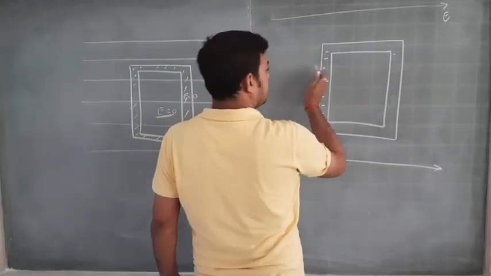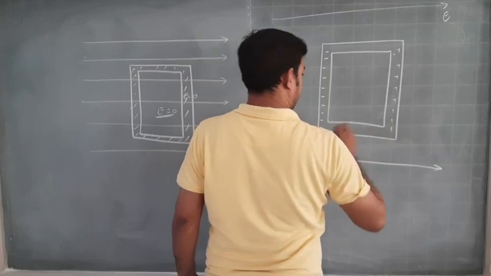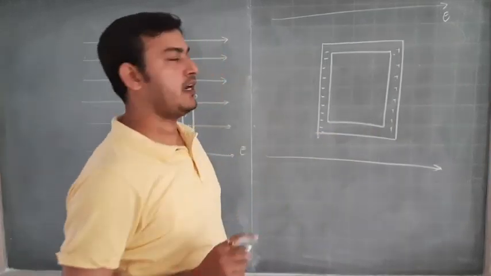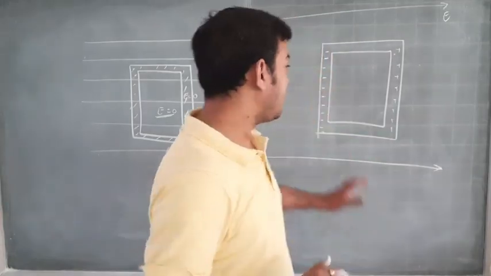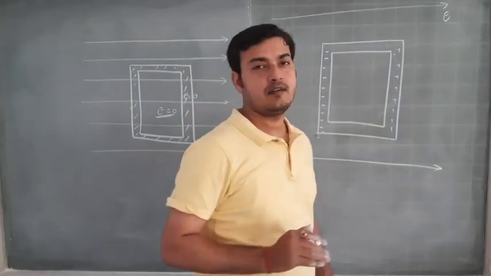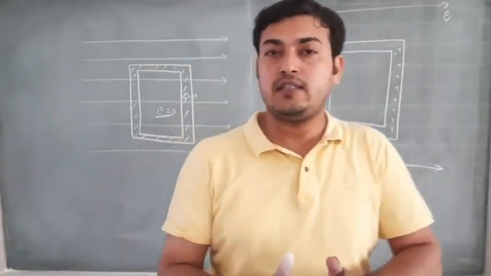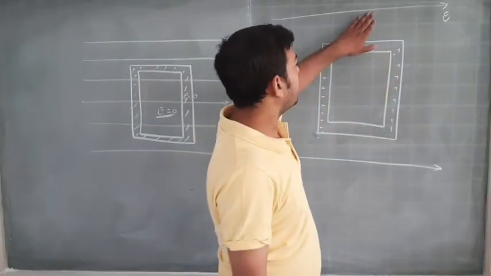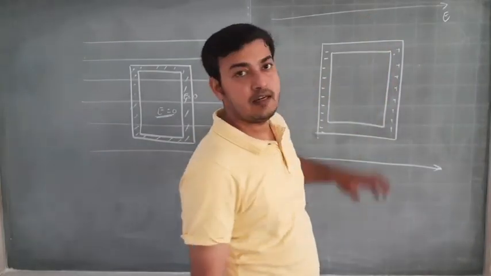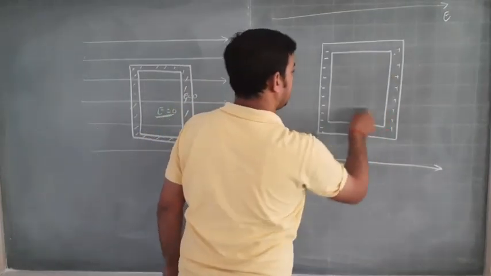Similarly, as the charge is shifted here, a positive charge will appear on the other side of this rectangular slab. Now these are the induced charges, and they will produce an electric field exactly equal and opposite to my applied field, so that the net electric field inside this is 0.